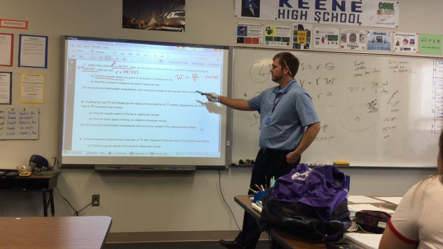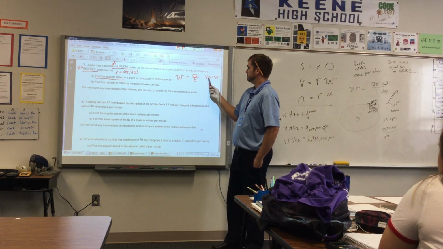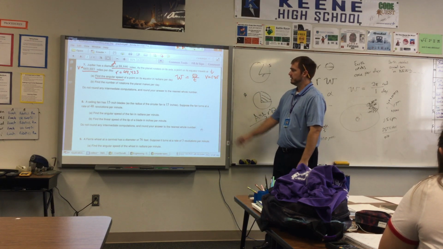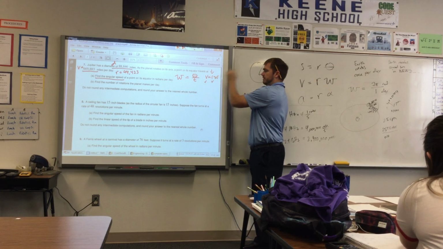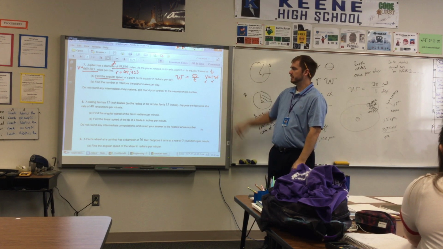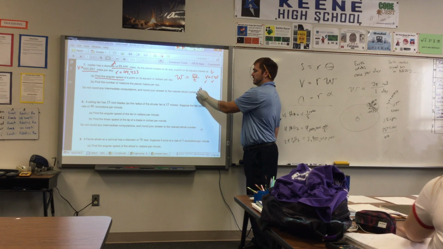Alright, so find the angular speed. So it looks like we might want to use this formula right here, okay? Because I have the linear velocity and I have the radius and I want to find omega. So I'm going to manipulate this real quick. I'm going to divide both sides by r.